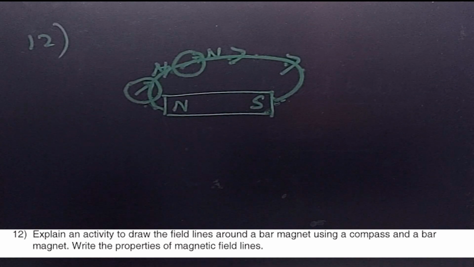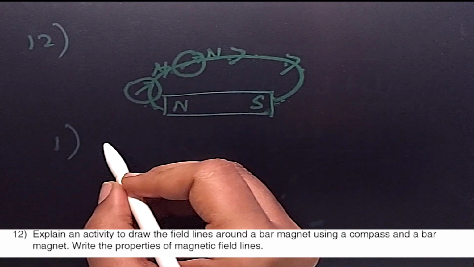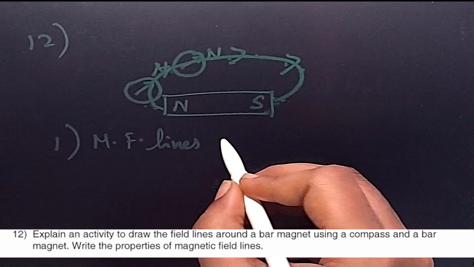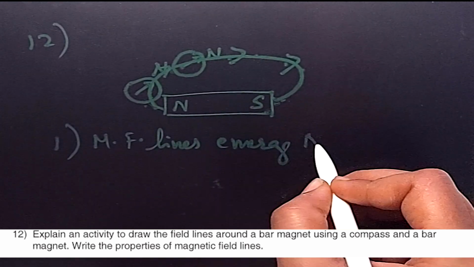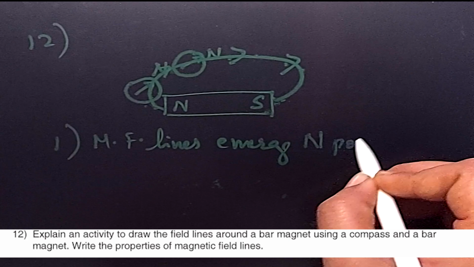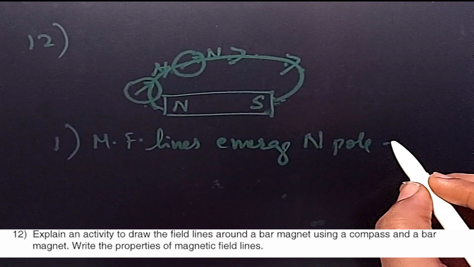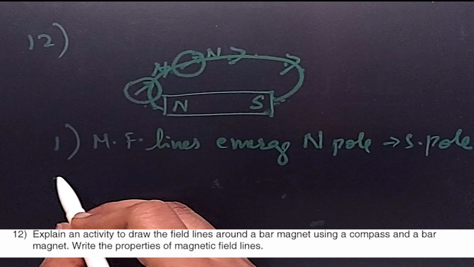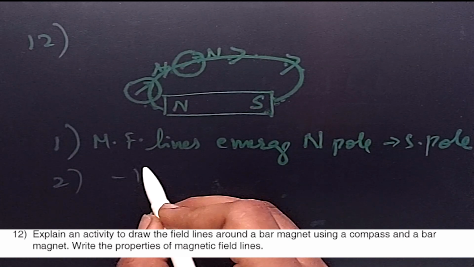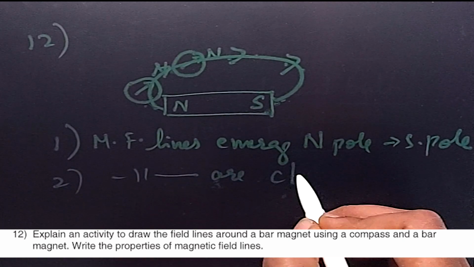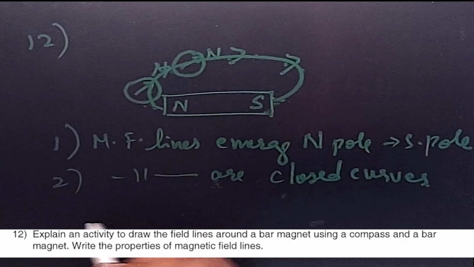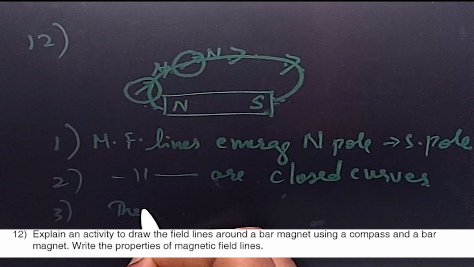Coming to the properties of magnetic field lines. The magnetic field lines emerge from north pole and they merge in the south pole. Magnetic field lines are closed curves.